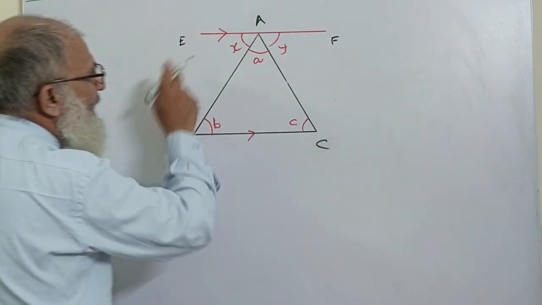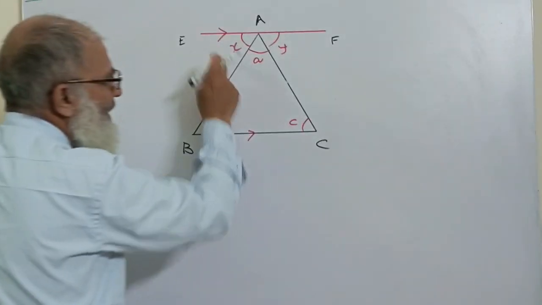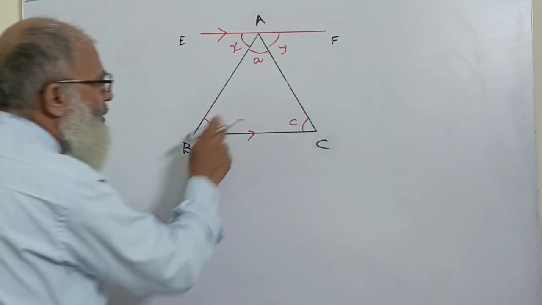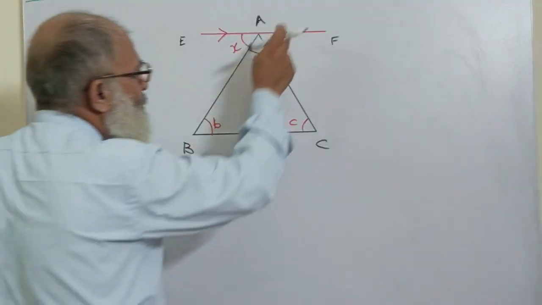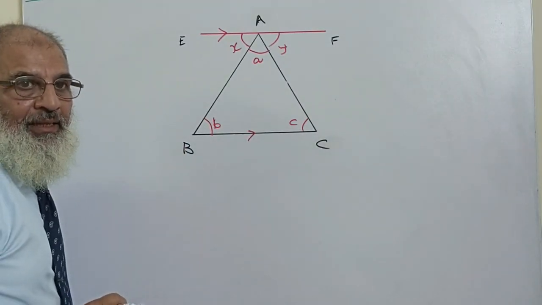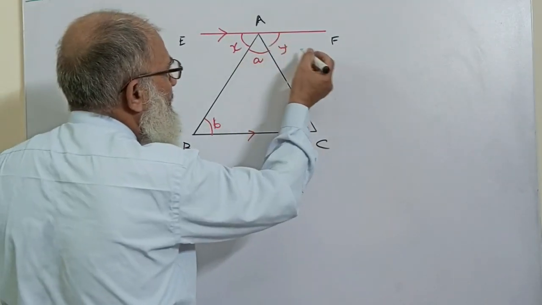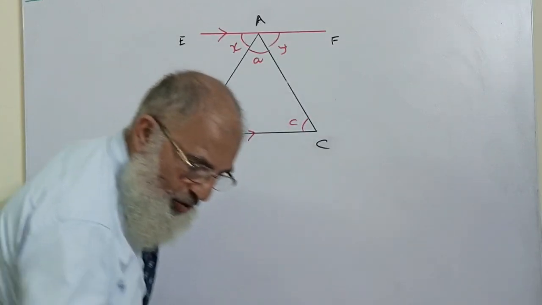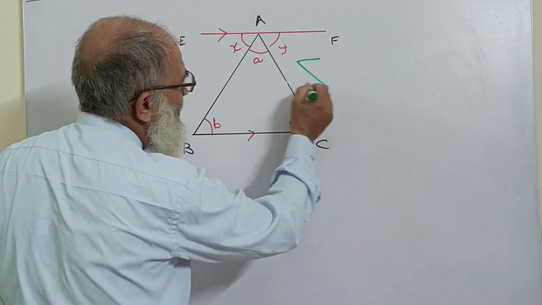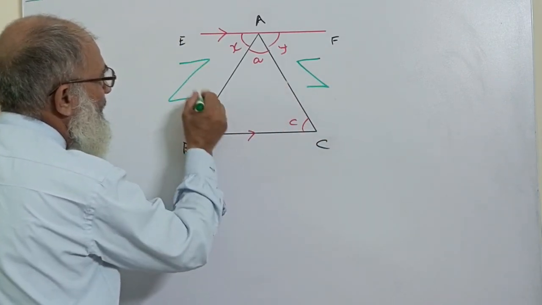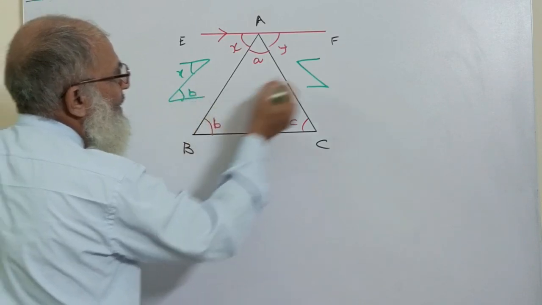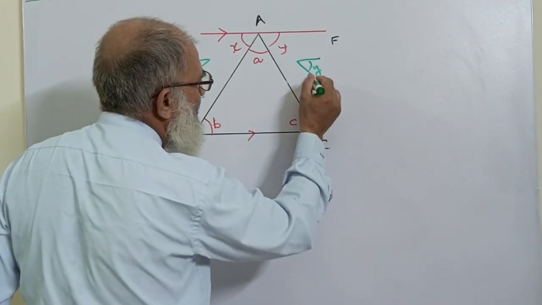You may notice that X is equal to C and Y is equal to B, because both are alternate Z angles. You can see a good Z over here and a Z over here, and this is angle X, this is angle B, this is angle Y, and this is angle C.